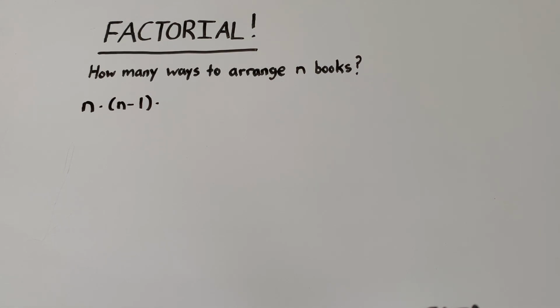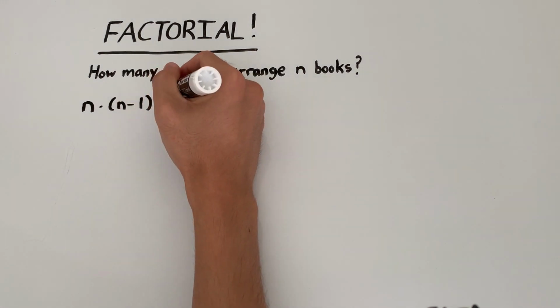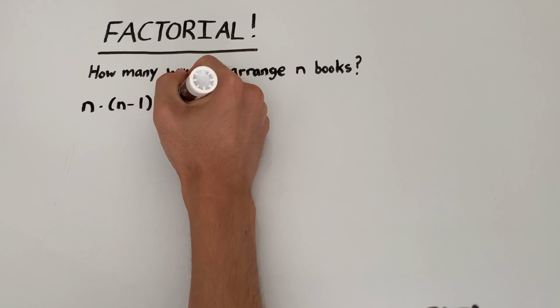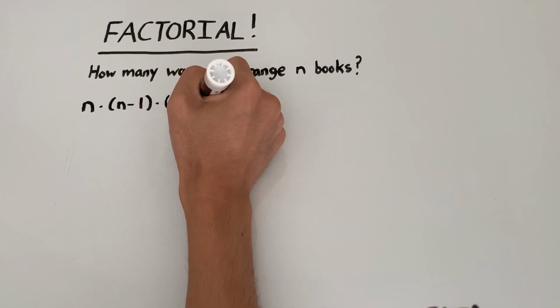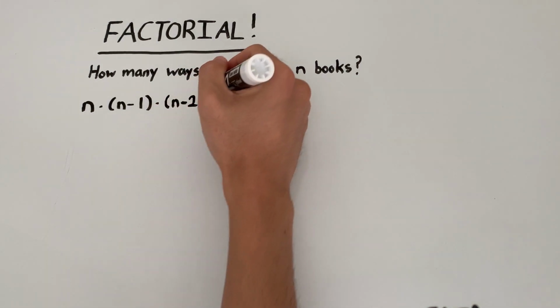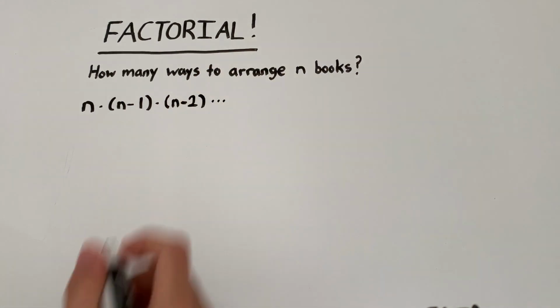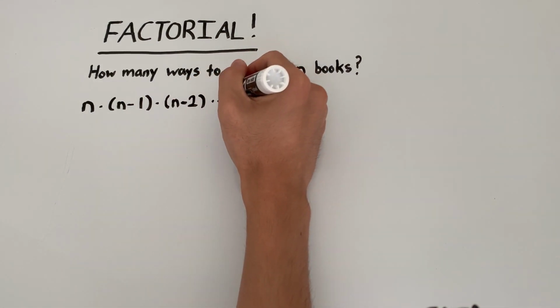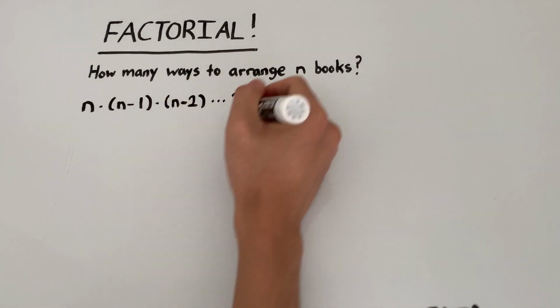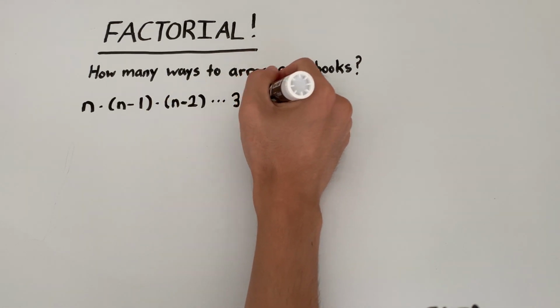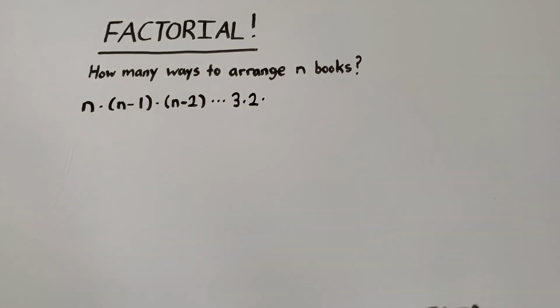Now there's only n minus 2 books left for the third choice. And it just continues all the way down until we have 3 books left, 2 books left, and finally that last book.